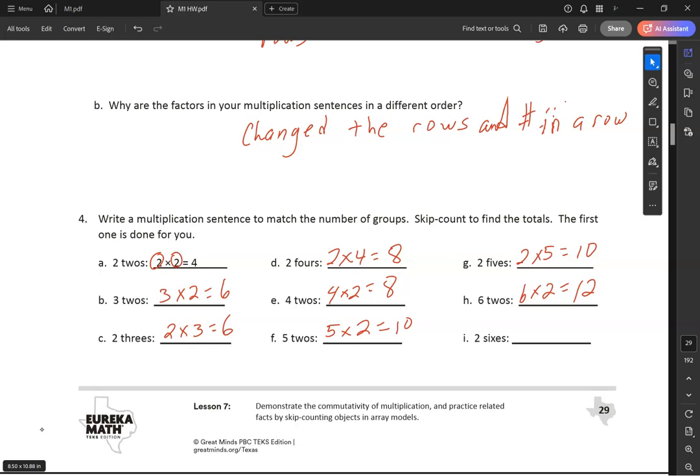And 2 6's equals 12. Remember, if you need to, pause it, rewind, whatever you need to do, okay?